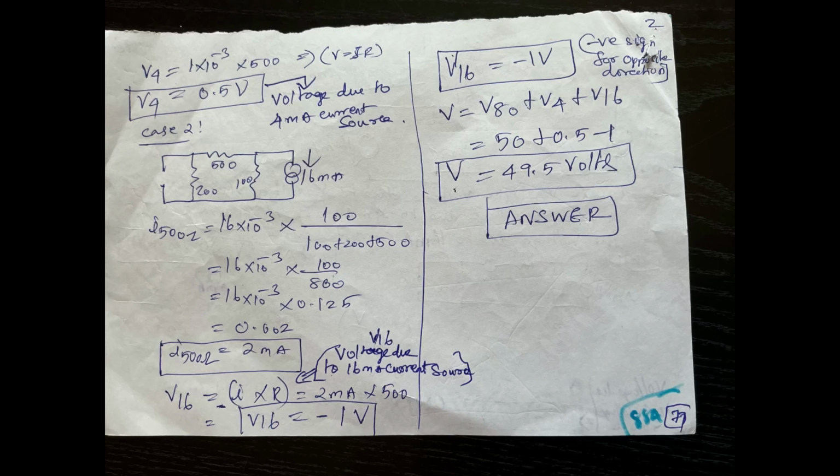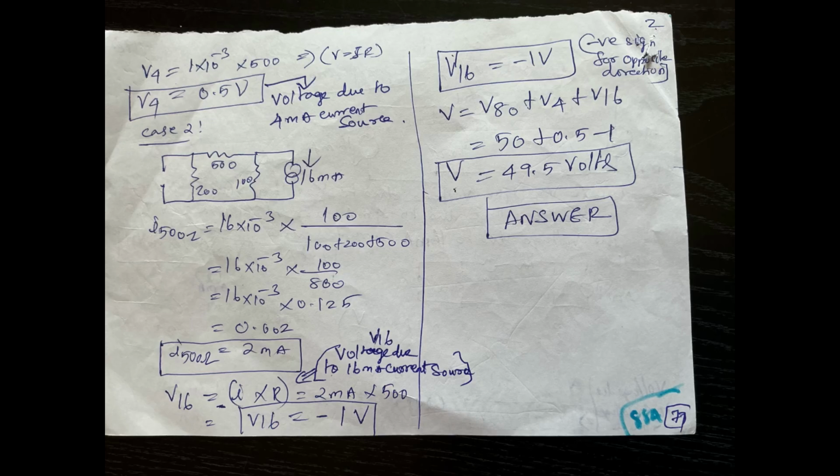The total voltage V across the 500 ohm resistor is 49.5 volts. That is, the superposition theorem is applied. Only the splitting sources are calculated. It is not necessary to calculate the total source output, because the question only asks the voltage across the 500 ohm resistor using the superposition theorem.